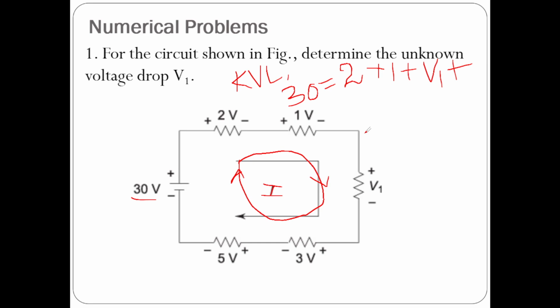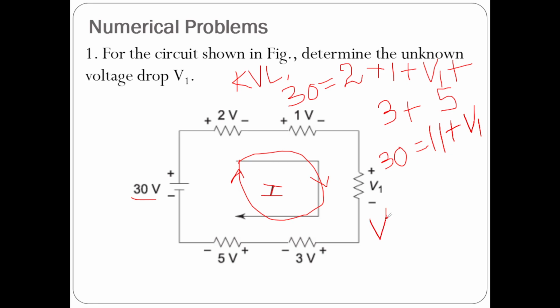30 is equal to 2 plus 1 plus 3 plus 5, that is 11, plus V1.